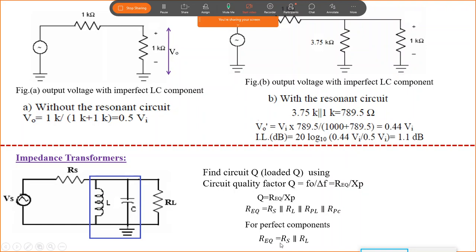If Req is lesser, then even if the circuit is perfect and RL is a higher value, because of Rs, which may be the output resistance of some previous network, Req will be lesser. You cannot change this value. It may be 50 ohm, but RL may be 2K, for example.